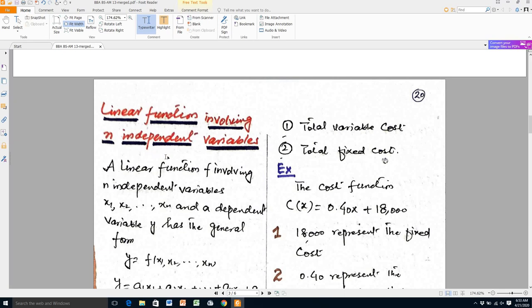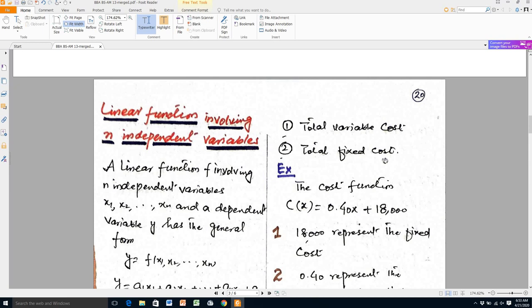In the same way as we discussed earlier a linear function containing two independent variables and one dependent variable, we now have n independent variables and one dependent variable.